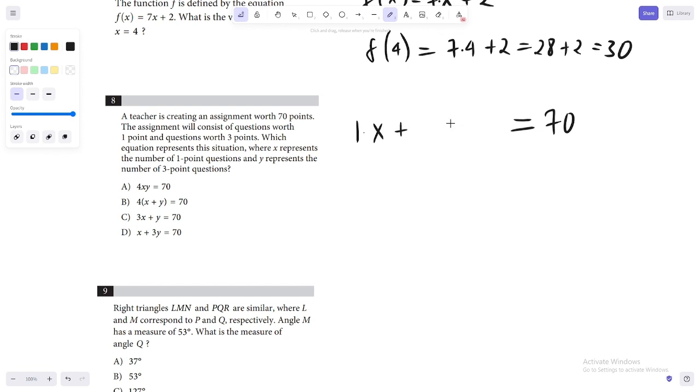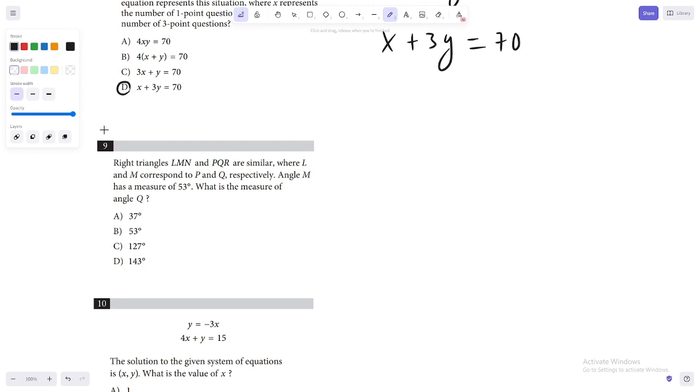And to that, we add 3-point questions. We have to multiply it by 3, because if you have, say, 3 three-point questions, the total amount of points will equal 9. And there we have it, x plus 3y is equal to 70. The correct option is option D.